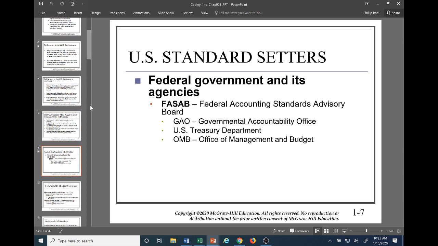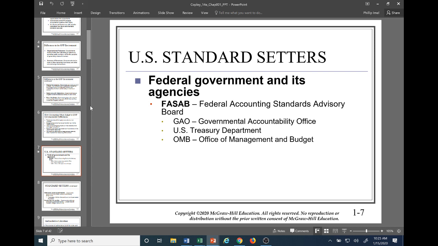So now we're going to get into some standard setters. I'm sure you've probably heard of some standard setters. What's one that you've heard of in the past in dealing with your accounting? Like FASB? FASB, exactly. So FASB, which is the Financial Accounting Standards Board, right? So this is what we're talking about here for standard setters.